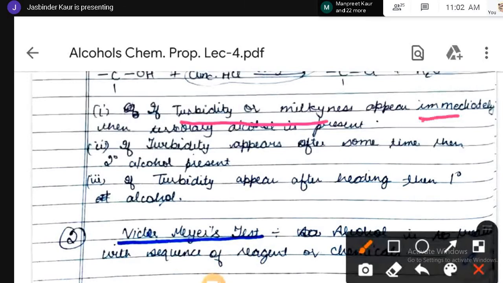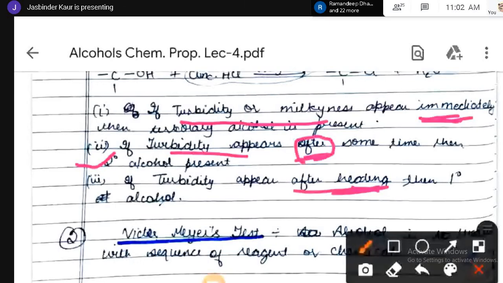If turbidity appears after some time, then it is a secondary alcohol. And if turbidity appears only after heating, then it is primary. So we can easily distinguish between primary, secondary, and tertiary alcohols depending on the rate of appearance of turbidity. If it appears immediately, then it is a tertiary alcohol. If it appears after some time, then it is secondary. If it doesn't appear till heating, then it is primary.